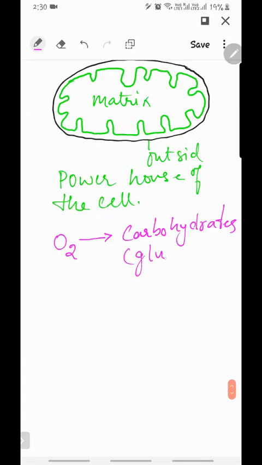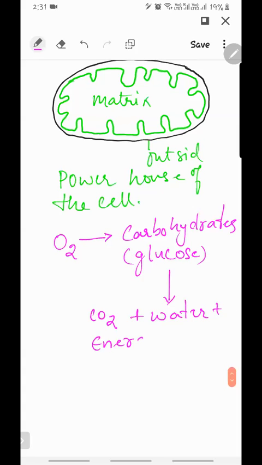Carbohydrate, we can take one example like glucose in a simple way, that is present in our food, and this will release carbon dioxide plus water and energy. The matrix is a liquid part, which is a solution.